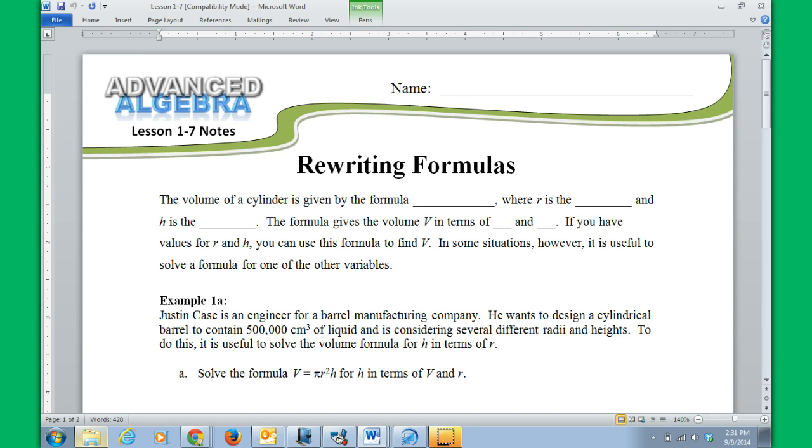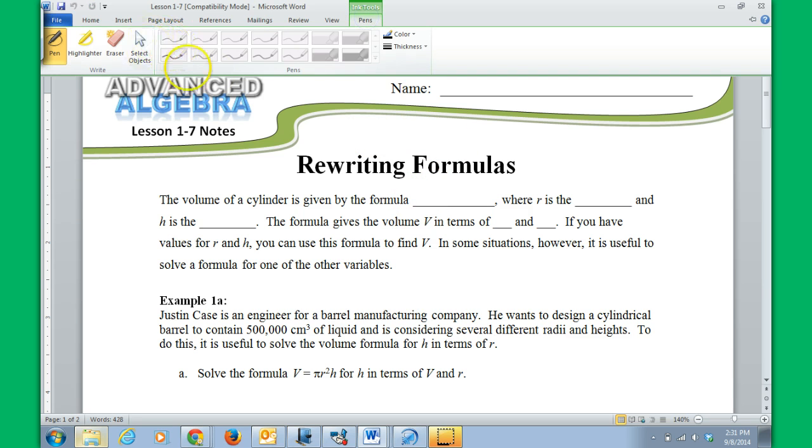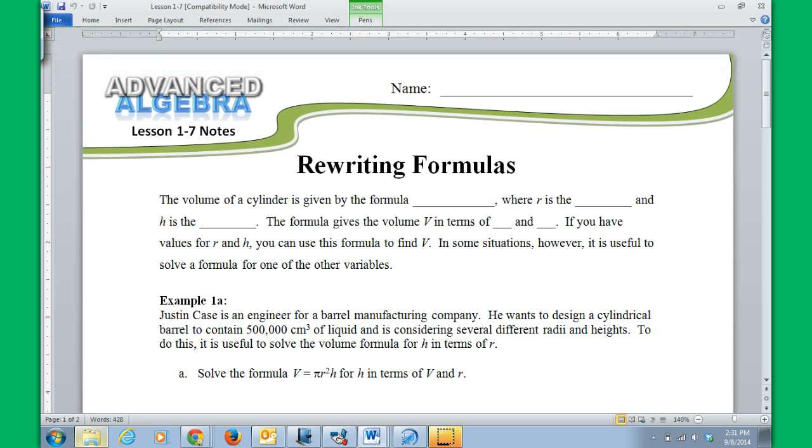The volume of a cylinder is given by the formula pi r squared h, where r is the radius and h is the height of the cylinder.